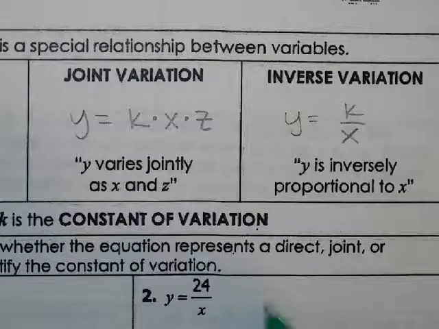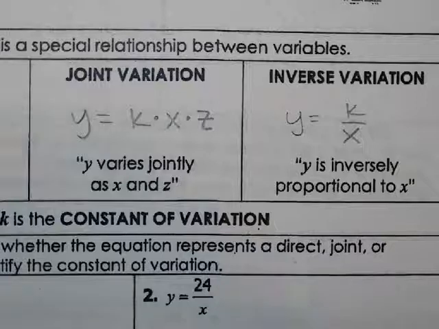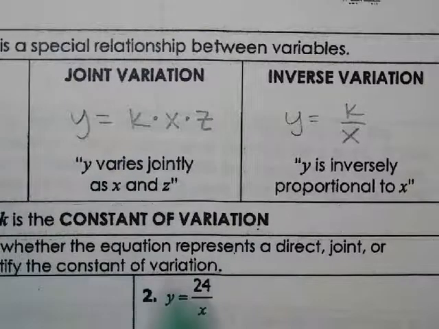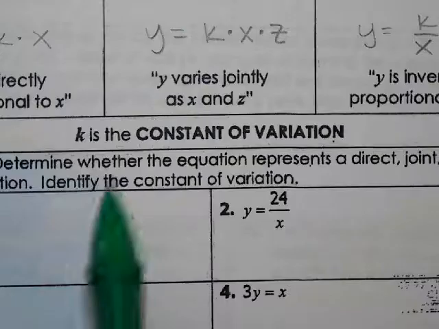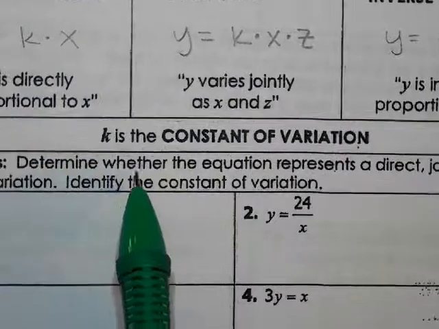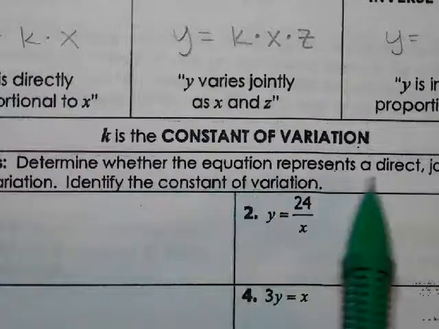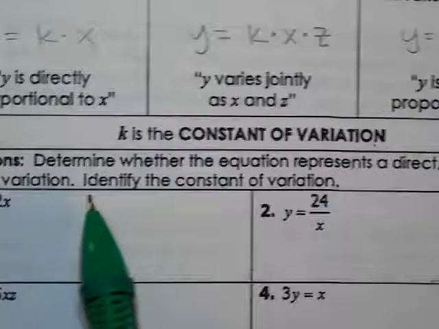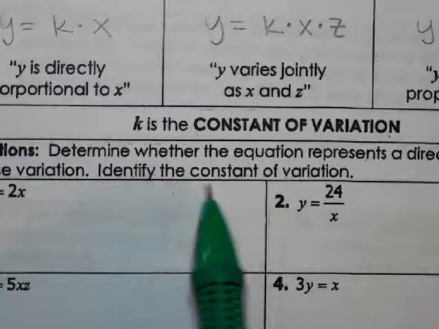Okay, so for the set of examples that we have, the instructions say to just figure out whether the equation is direct, joint, or inverse, and then to identify the constant of variation.